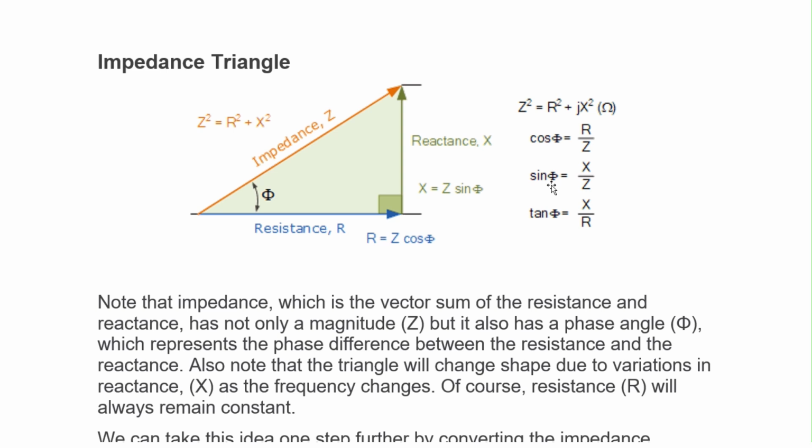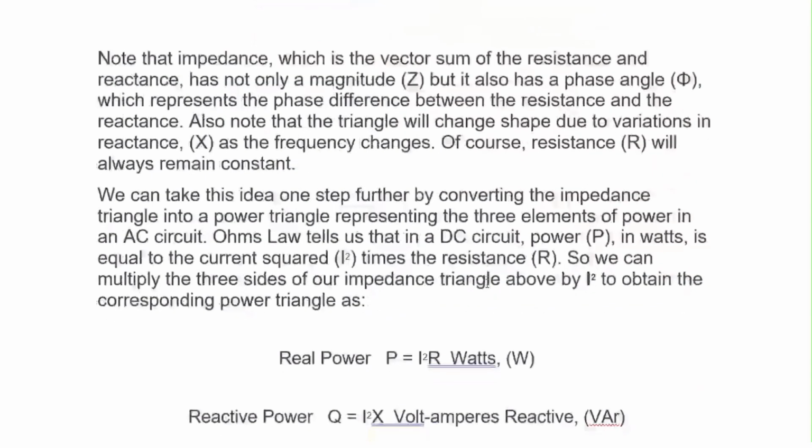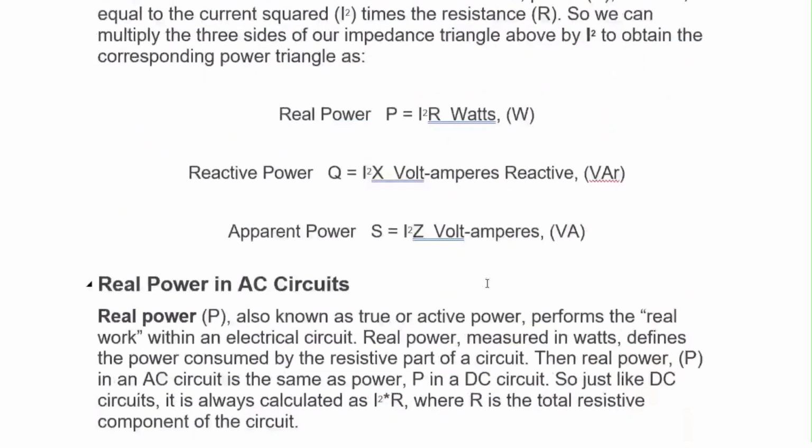Sin phi is perpendicular divided by diagonal, hypotenuse of the triangle. Cos phi is base by hypotenuse of the triangle. So that is what it is.